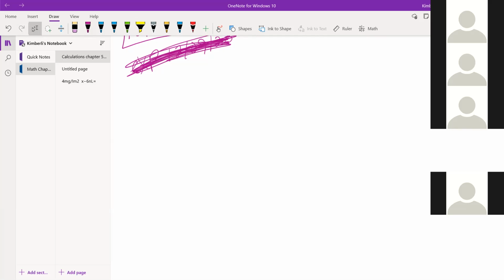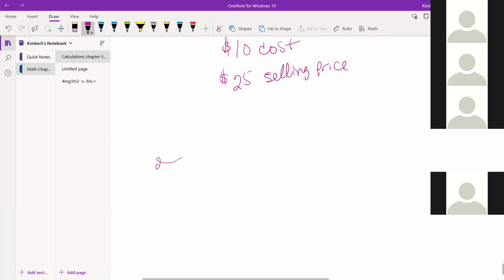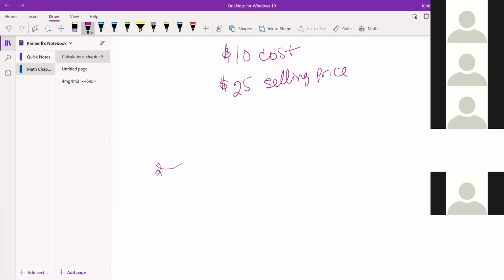So let's say you buy a t-shirt for $10, that's your cost, and you turn around and sell that t-shirt for $25, which is your selling price. Then how much is your profit? How much did you make on that t-shirt? $15.